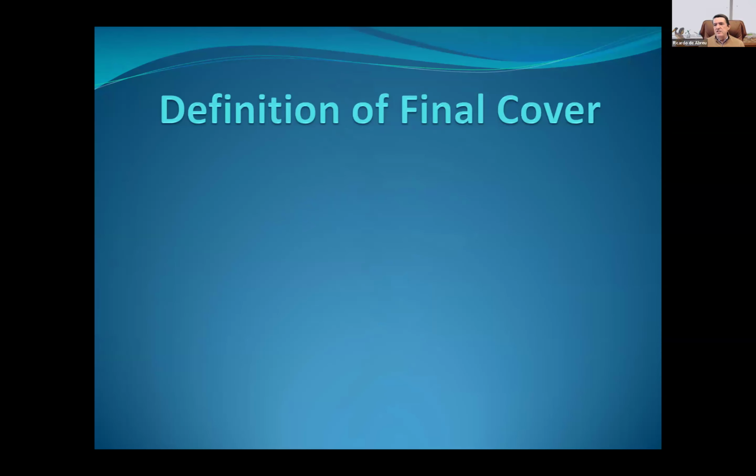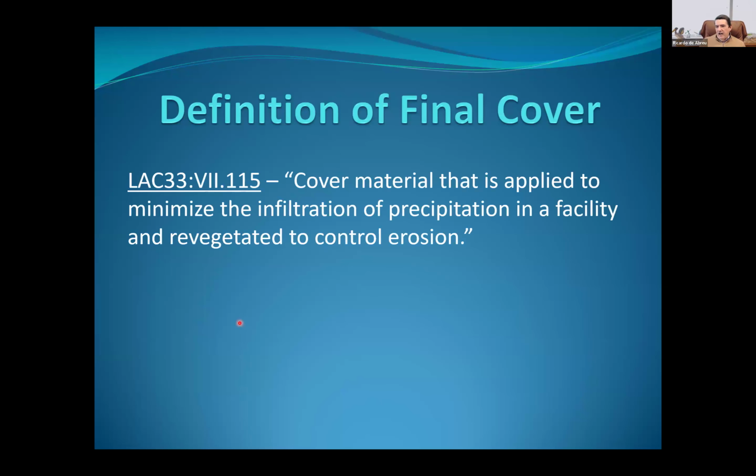So let's start with definitions. Let's go to the basics. Definition of final cover. I chose to start with the definition of final cover that we have here in Louisiana, according to our Louisiana regulation. That was written a long time ago, written by attorneys, not by engineers. But that's the definition we have here in Louisiana for final covers: cover material that's applied to minimize the infiltration of precipitation in a facility and revegetated to control erosion. From here, you already see a problem.